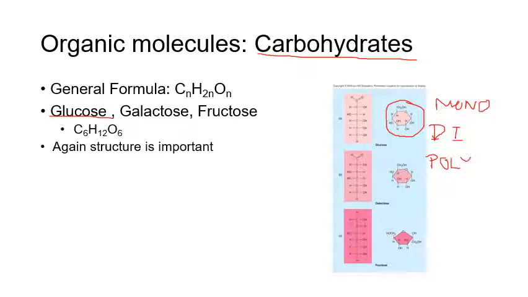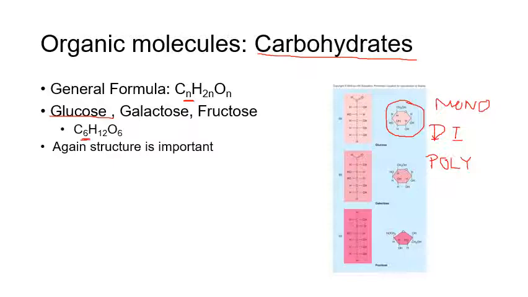Okay, but what is common between these molecules is the chemical equation. The general formula is you have a certain number of carbons. In this case for glucose, galactose, fructose, you have 6 carbons.